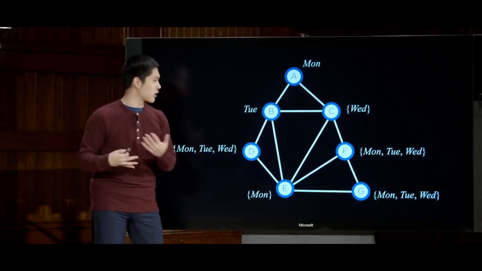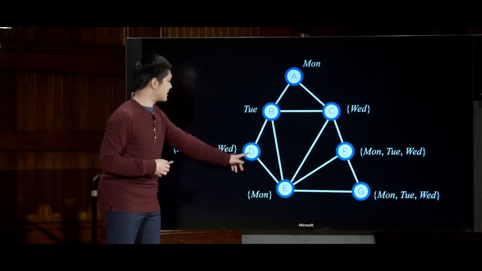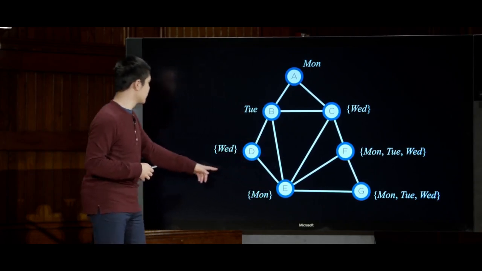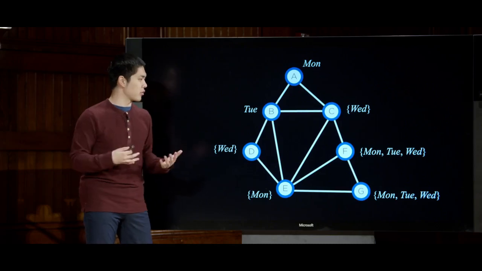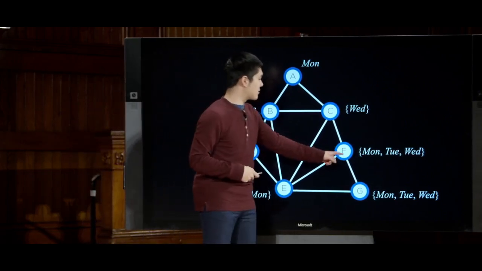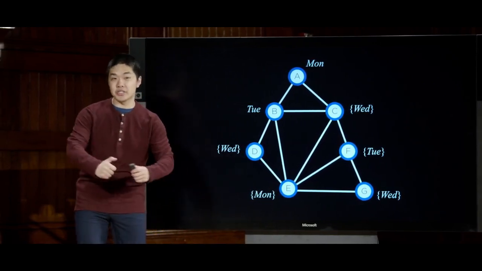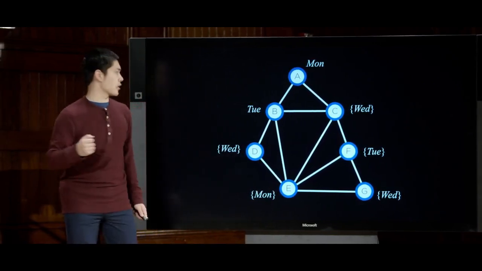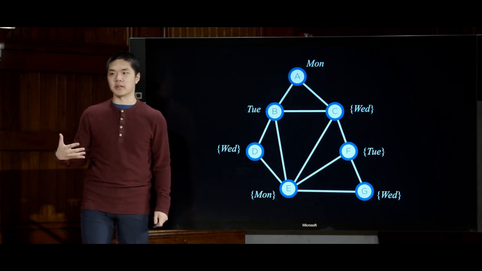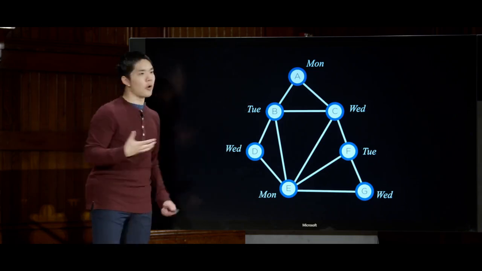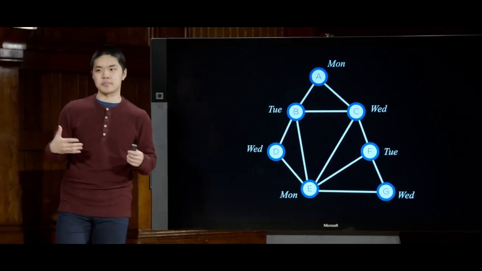And then we can begin to do this process again and again, that in order to make D arc consistent with B and E, then D would have to be Wednesday. That's the only possible option. And likewise, we can make the same judgments for F and G as well. And it turns out that without having to do any additional search, just by enforcing arc consistency, we were able to actually figure out what the assignment of all the variables should be without needing to backtrack at all.